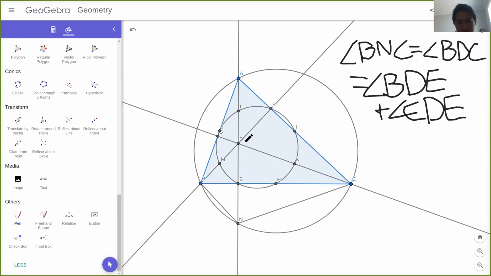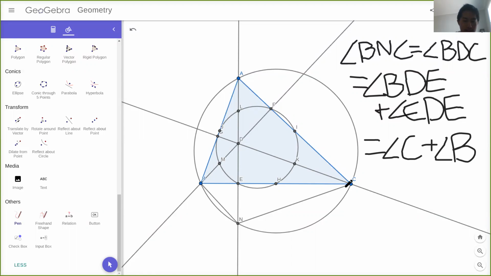And 90 minus this in the larger triangle CBF is actually just angle C. So BDE is angle C, and then similarly, CDE is equal to angle CBA, which is just B.